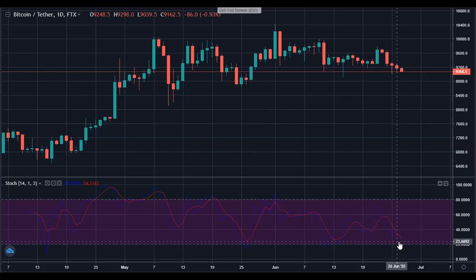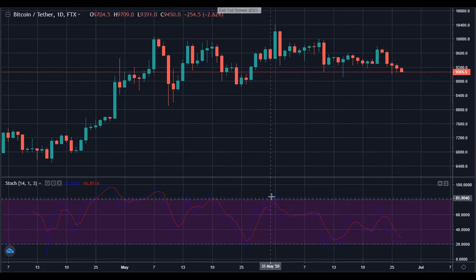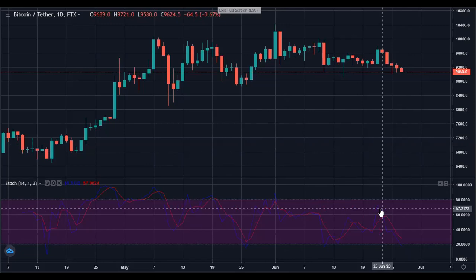Those who are just into spot trading, you should only be concerned with when the price is at the oversold region, please. Sorry for the correction. It's only when the price is at the oversold region that you can buy and then anticipate a price movement. That's all for that.